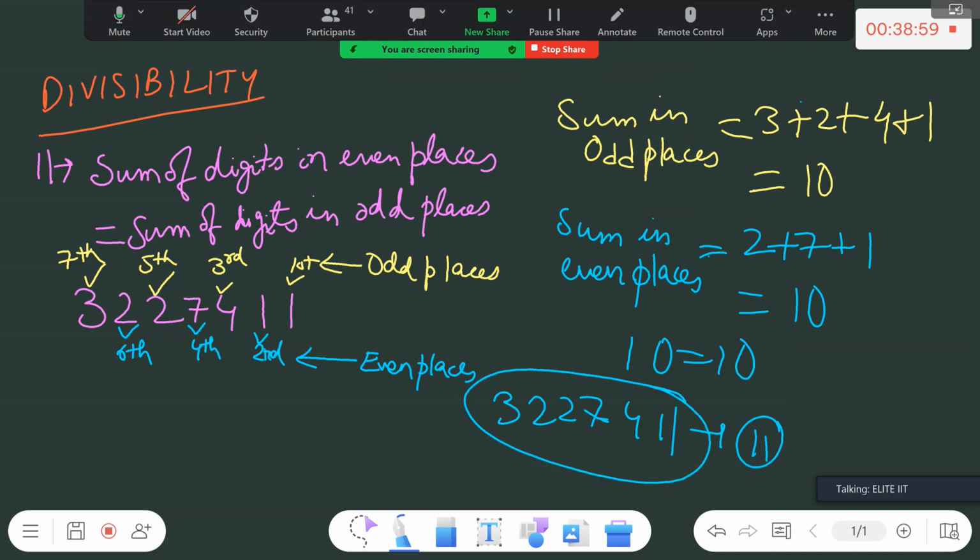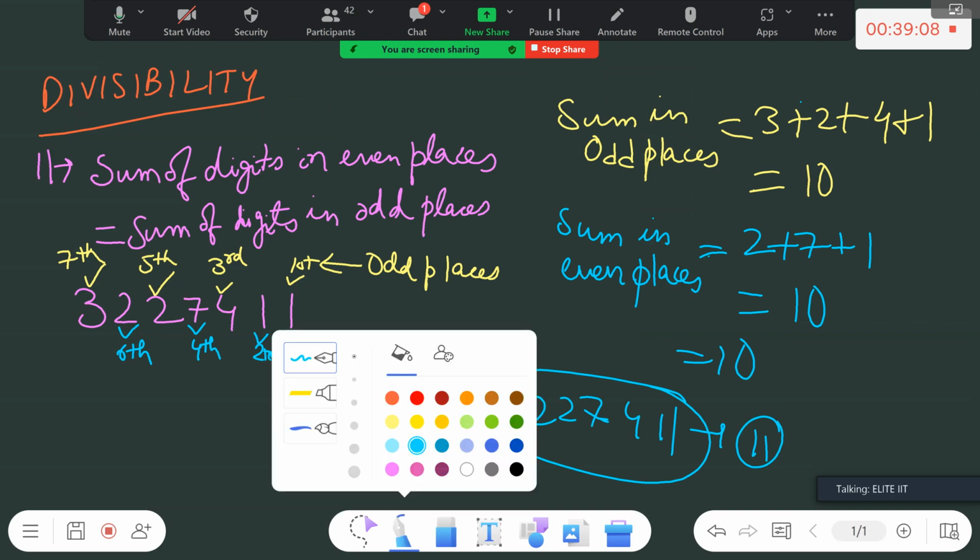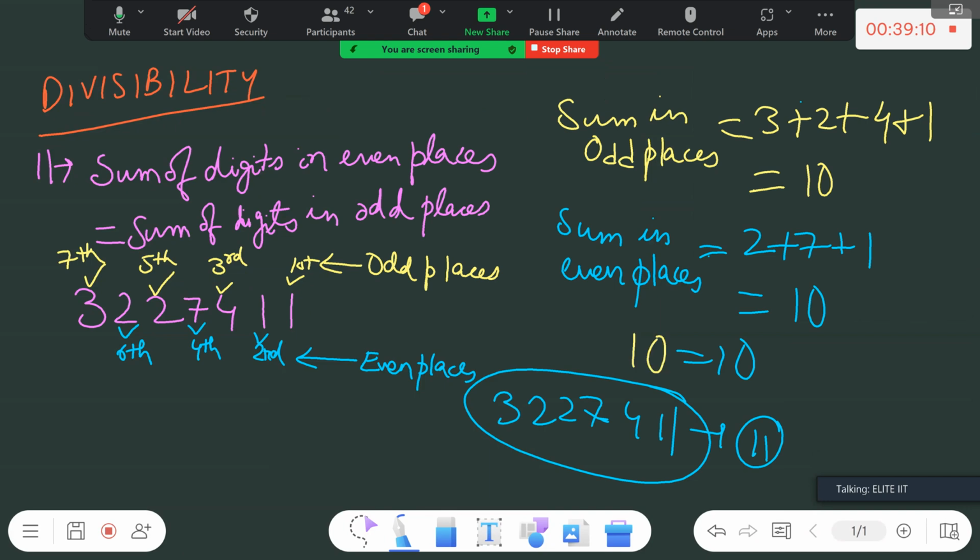This entire number is divisible by 11. Any doubt in this? No, sir.